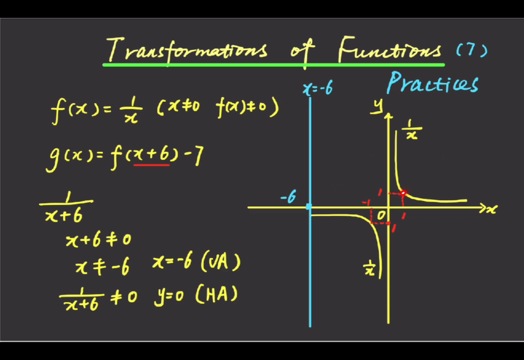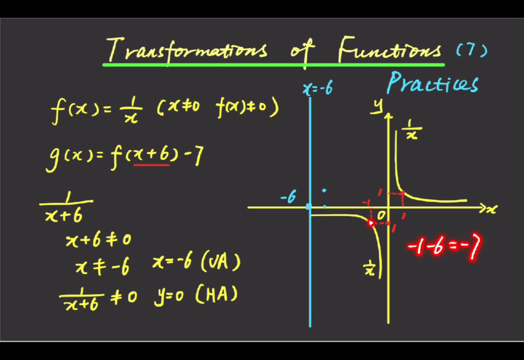Okay, so this point, its image should be here. That is to say, negative 5 and 1. And this point, its image point should be here, the new x coordinate.